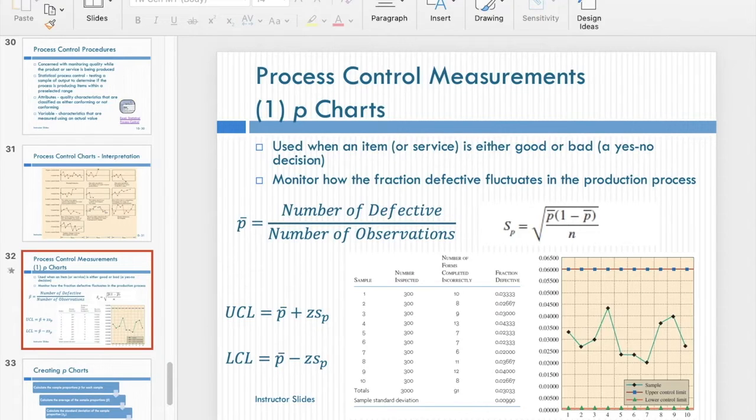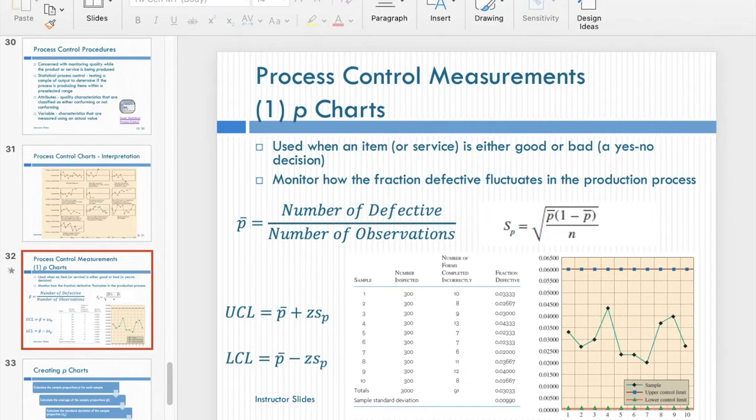Now suppose you produce a product over 10 hours a day, and within 1 hour, let's say you are producing 10,000 units of products. You basically are producing a product in every hour.